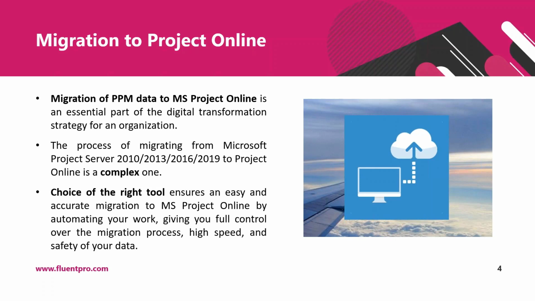FluentBooks is the solution for data migration from Project Server on-premises to Project Online, as well as for data migration between different Project Online tenants. FluentBooks ensures an easy and accurate migration to Microsoft Project Online by automating your work, giving you full control over the migration process, high speed, and safety of your data.